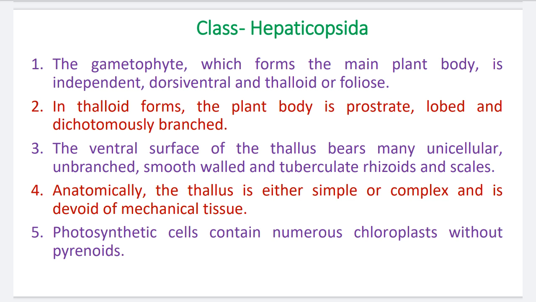From that side, the thallus is attached to the soil substratum or rock substratum or any moist substratum, with the help of rhizoids. These rhizoids are of two types, smooth-walled as well as tuberculate. They are unicellular and unbranched structures.